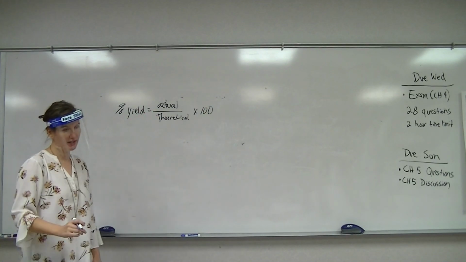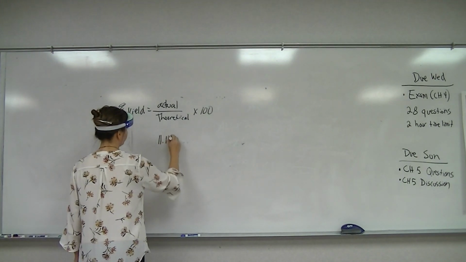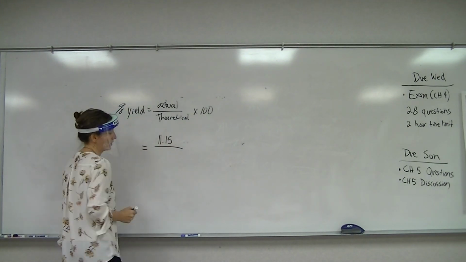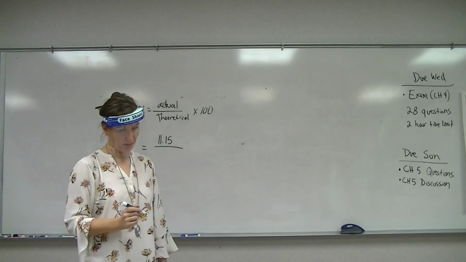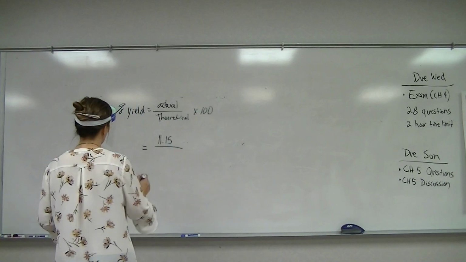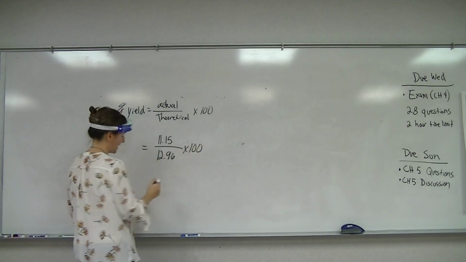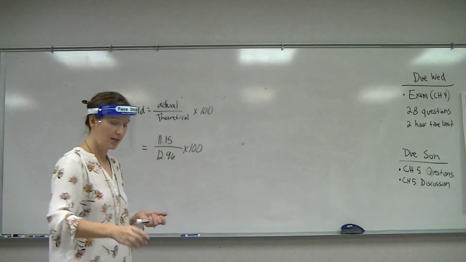So her actual yield, she said, was 11.15, but she discovered that she should have recovered, so her theoretical was 12.96. And of course, don't forget to multiply that by 100 to get it in a percent.